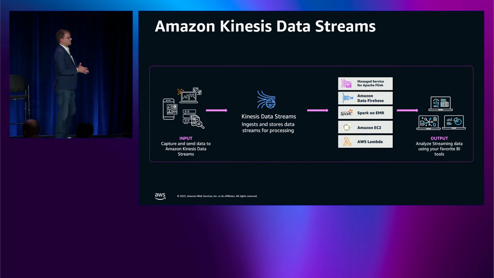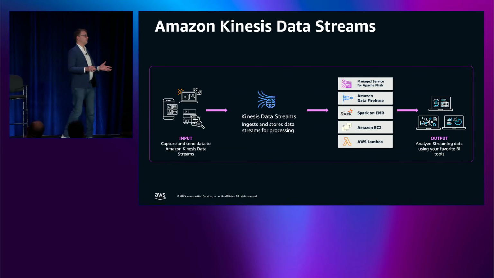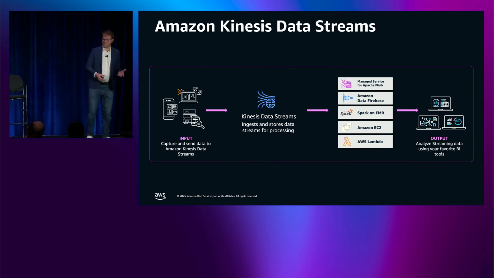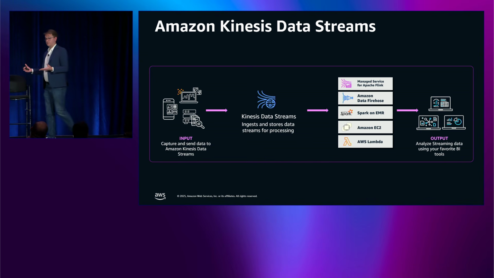The average streaming application looks something like this. On the left-hand side of this diagram, you've got your input for your streaming data. This could be click streams, IoT devices, mobile apps, or logs coming from your application servers.